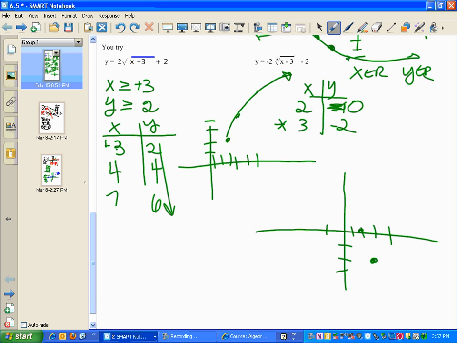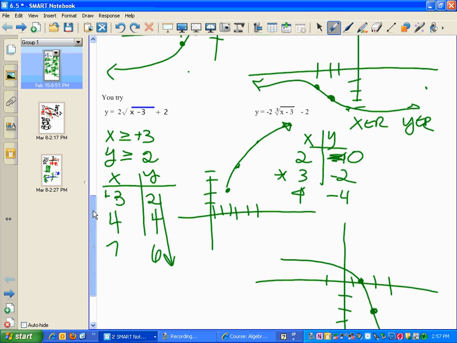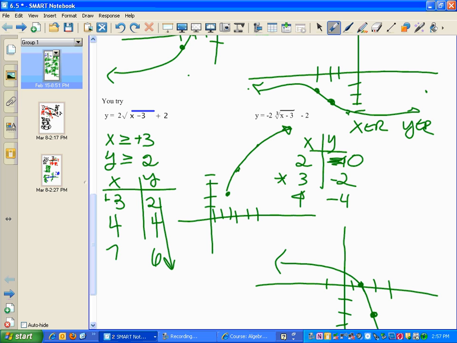Which means at 4, what should I get? I get negative 4. So it's coming up high, dropping down, and going negative along the y-axis. And so it does look just like the second one that we did up here. Okay? Anybody got a question?